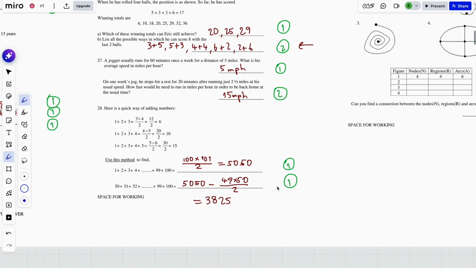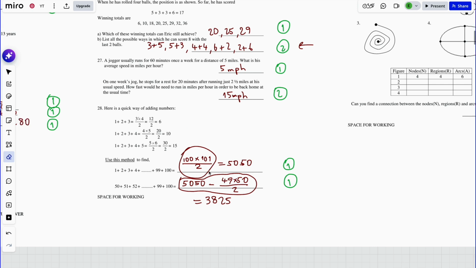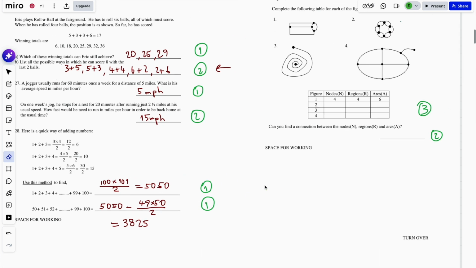Okay, so it's 1 mark each, and in both of these, since you're asked to use this method and it's underlined, you need to have this part, okay? Simply the answer is not enough. You must show that you have used this pattern here and understood that pattern.